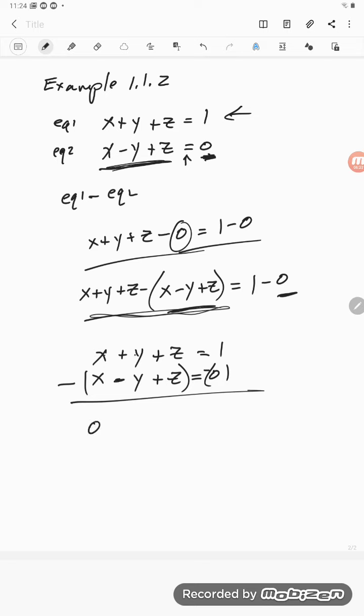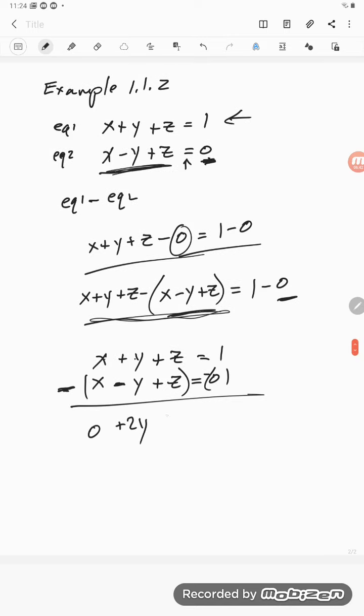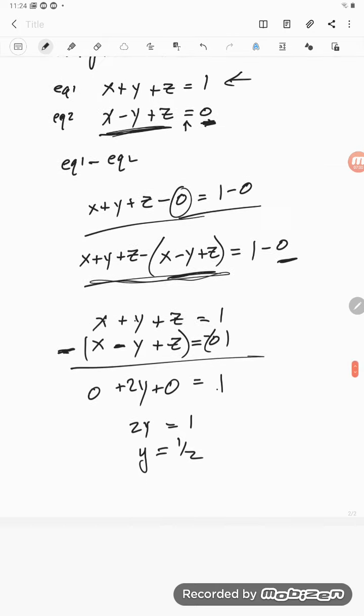Y minus, or minus here, a negative y, that's plus 2y. And then z minus z is 0. And then 1 minus 0 is 1. And so we get 2y equals 1. And so y is a half, is one solution.